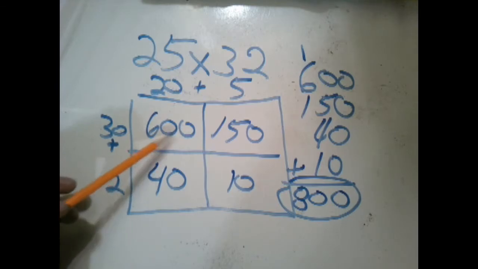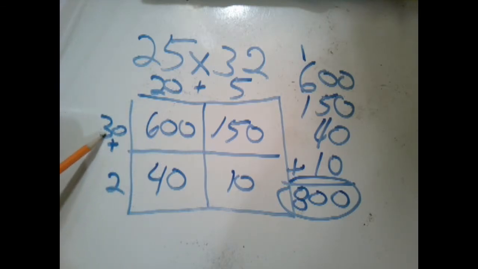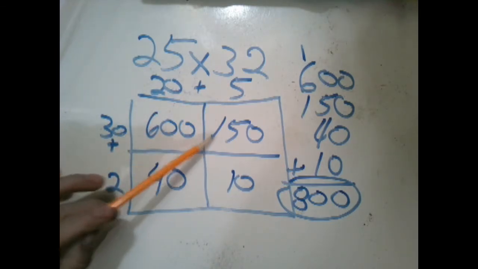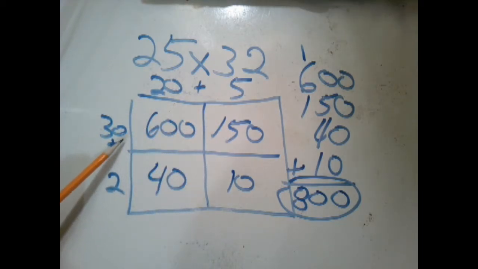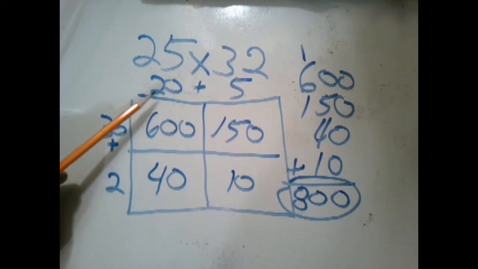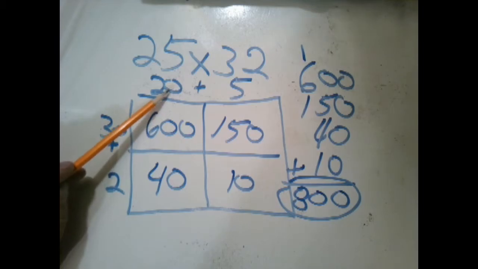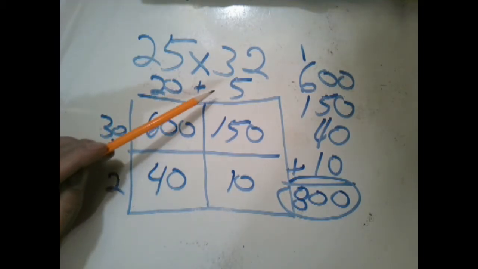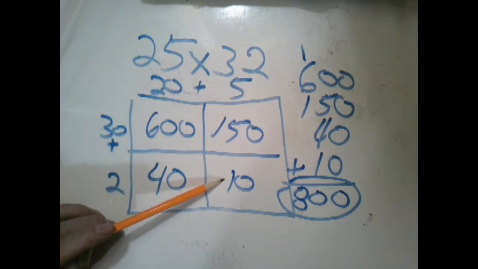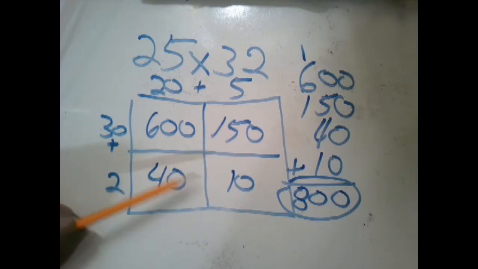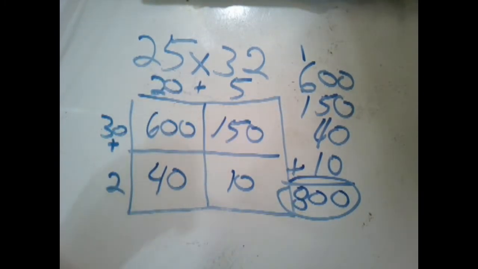They share 2 zeros. 3 times 5 or 5 times 3, 15. They share 1 zero. Then I do the ones. I have 2 times 2, which is 4. They share 1 zero. 2 times 5, which is 10. Those are my values I'm going to add up. I add them up, and that'll give me my final answer.